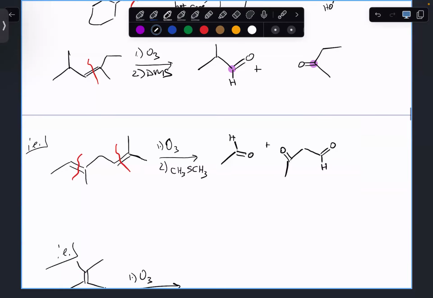And then the right-hand piece is going to look like that. Correct. If you didn't have that methyl group there, that would just give you two molecules of acetaldehyde.